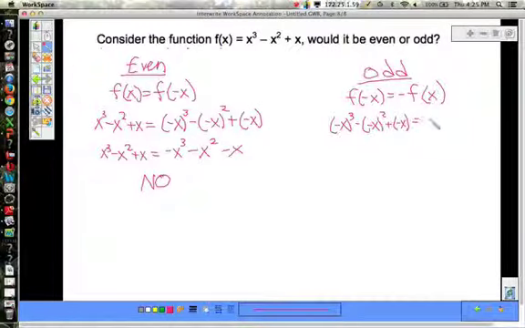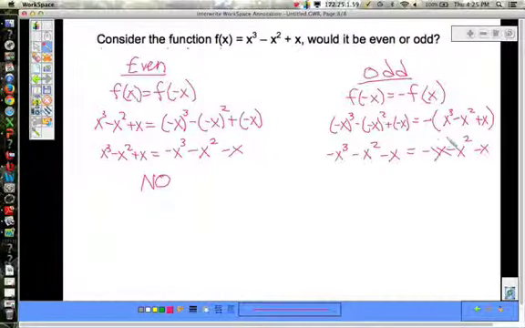Does that equal the opposite of that entire function, negative x cubed minus x squared plus x? Well, we can simplify. The negative can come out in front. Again, that negative squared is just the same as x squared, minus x. Equals, we distribute, negative x cubed plus x squared minus x.